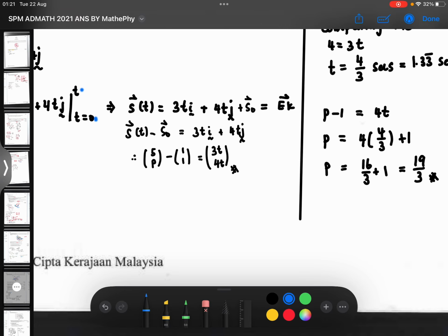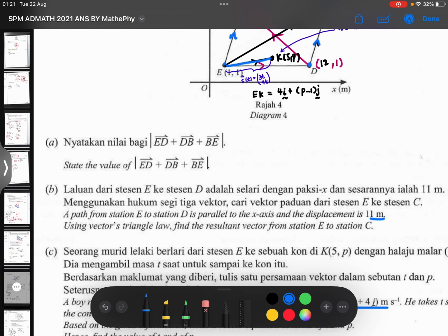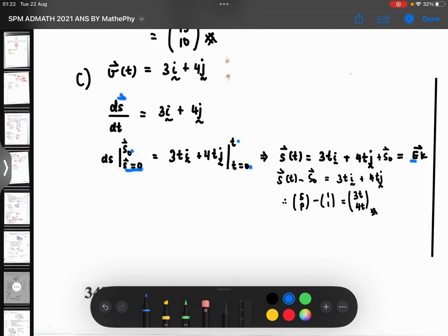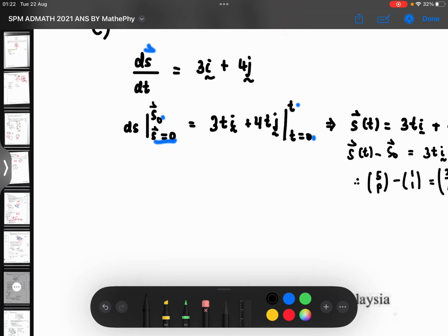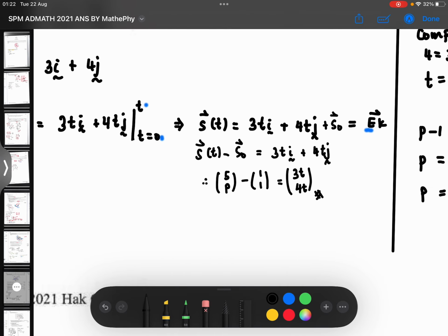And s naught, what is s naught? s naught is basically the position vector of E, because we start from E. Sorry, the limit I put over here, s equals 0 to s naught, is actually a mistake. It's supposed to be s naught until s. So we start from s naught, which is E to s itself.